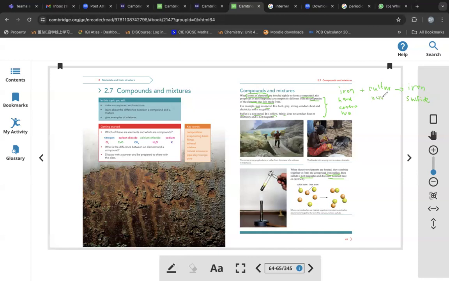Sulfur is yellow, cannot conduct heat. And iron sulfide is non-magnetic and does not conduct heat. Understand? So iron can conduct heat and is magnetic. Sulfur is not. But when you form a new compound, it's not either. All right. So in that case, we will move on to the next one.